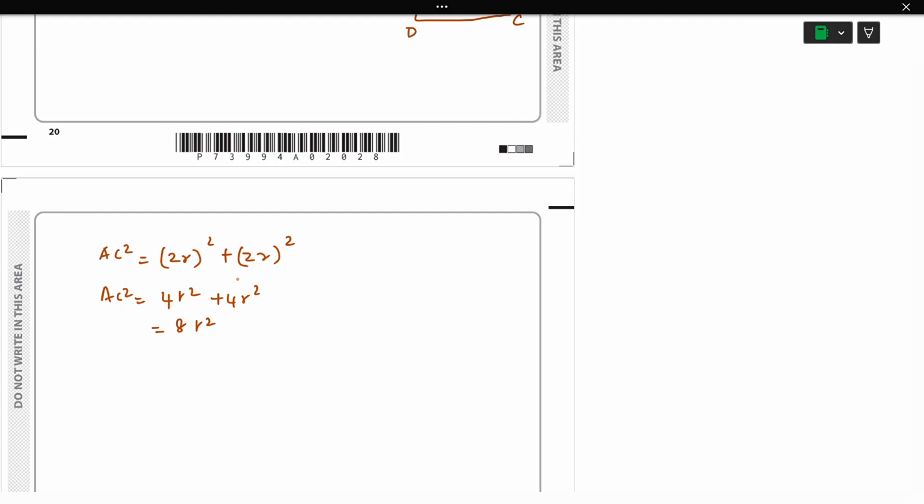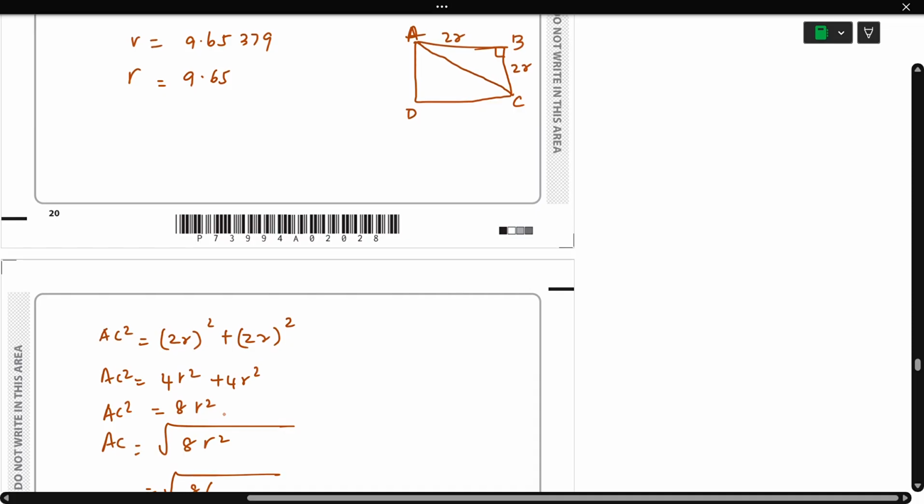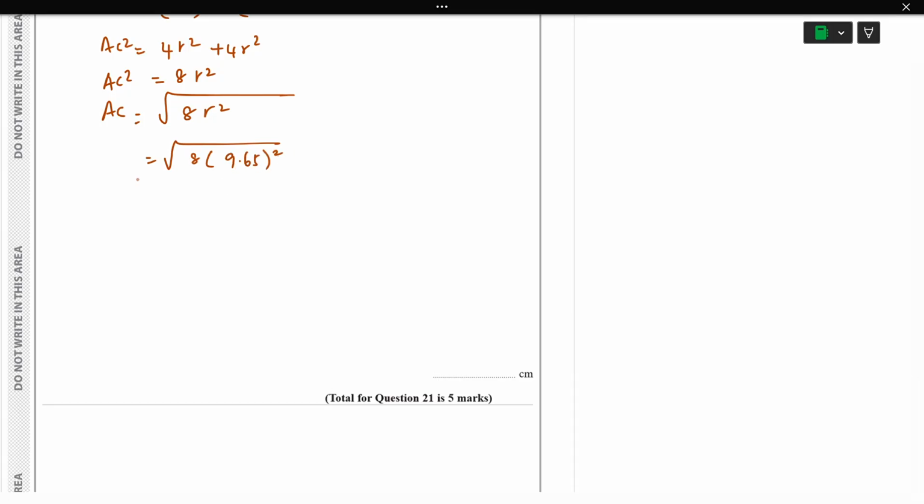So AC equal to square root of 8 into r square, so square root of 8 into 9.65 square. So that is AC.